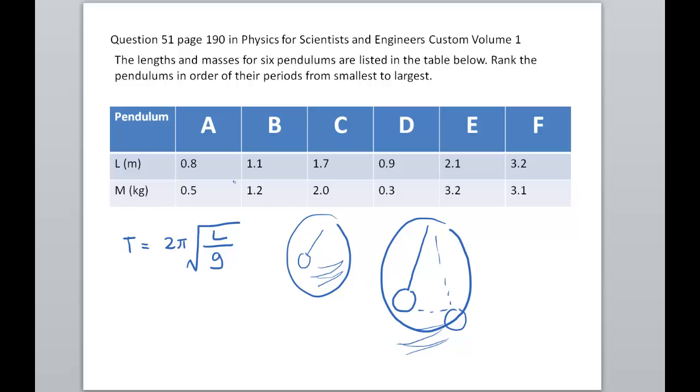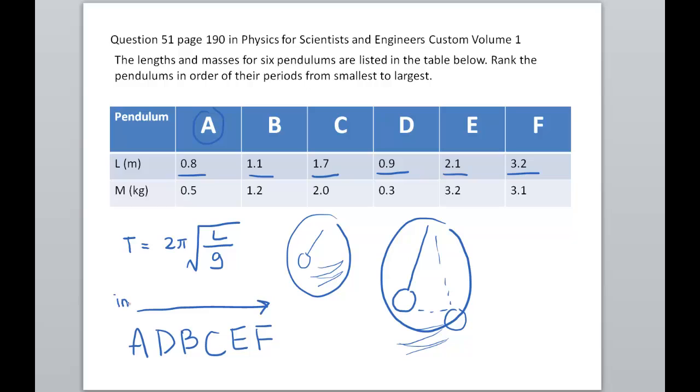Looking back at the question, the one with the smallest period is the one with the smallest length, which would be A, because 0.8 meters is the smallest. Then it's 0.9, and then 1.1, 1.7, 2.1, and 3.2. So the answer would be A, D, B, C, E, F, in order of increasing period.